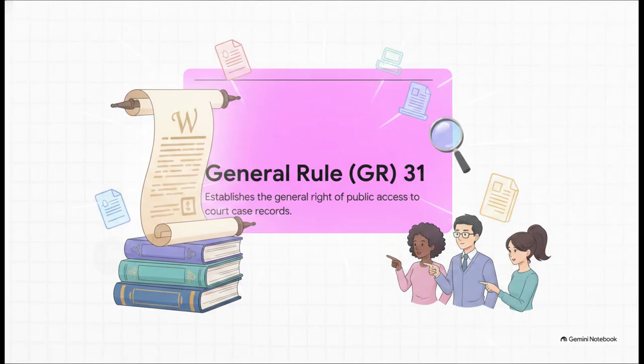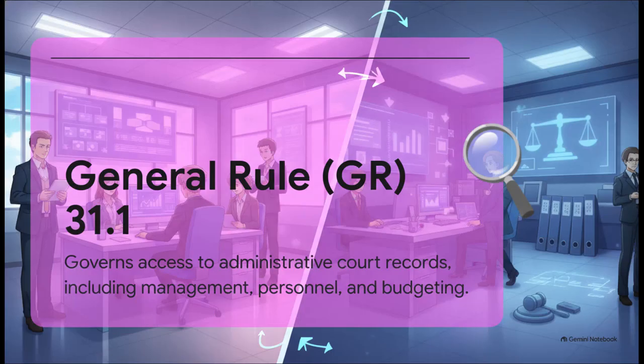But regardless of which floor you're on, you do have foundational legal rights. Washington State Supreme Court General Rule 31, or GR 31 for short, establishes your baseline right of public access to court case records. Basically, this rule means that documents relating to active or resolved litigation are generally open for you to view. Now, what's really interesting here is a crucial contrast that actually causes a ton of confusion.